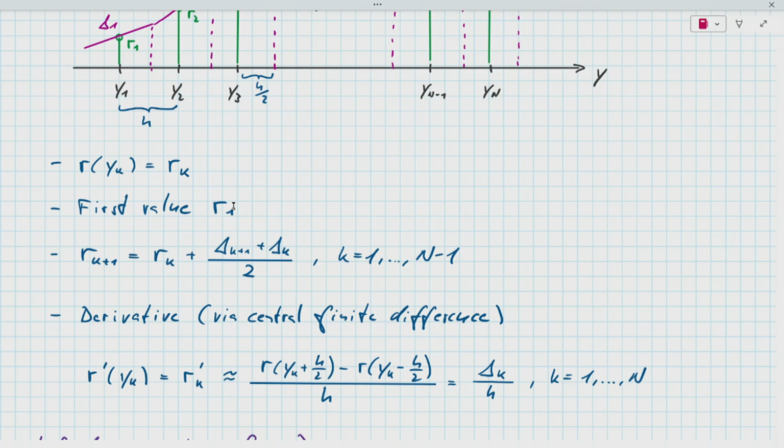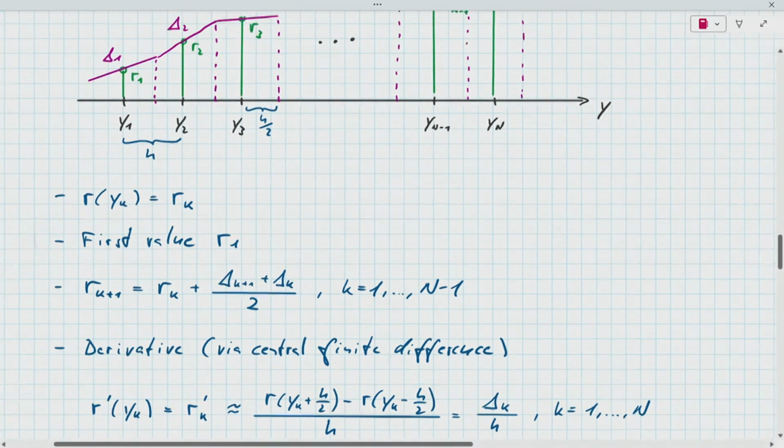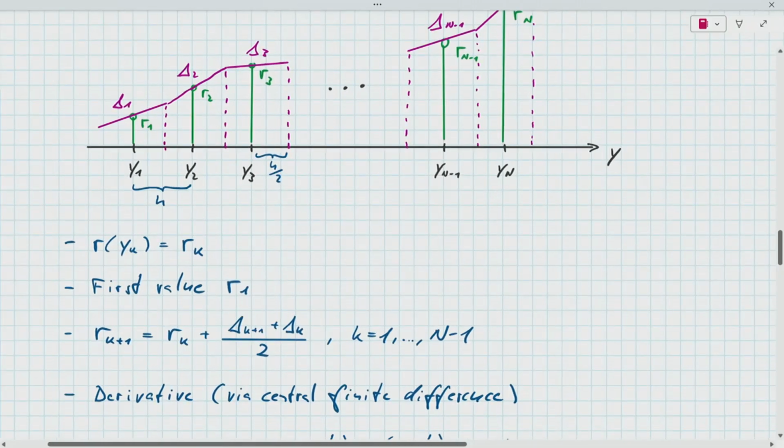But I will explain it here. So we have these increments, and when you look closely, when you go from r_1 to r_2, you take half of this delta_1. Delta_1 would be the difference between that point and that point. So we take exactly half of that because we go to the half point here, plus half of delta_2.